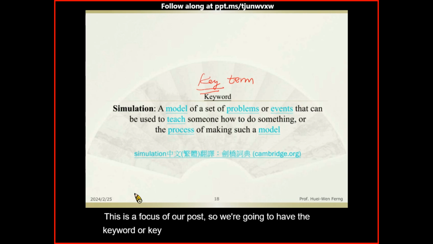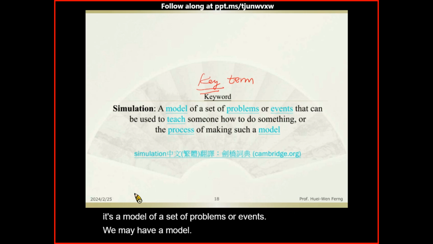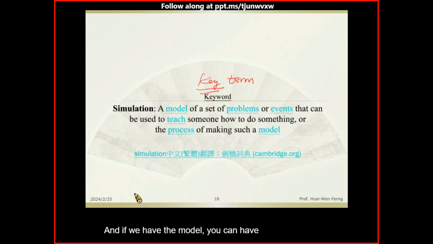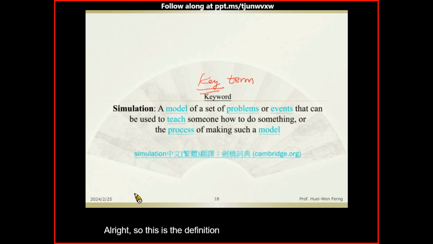Simulation. You should understand it's a model of a set of problems or events. Well, we may have a model, and if we have the model, you can study it, like a vehicle. We can use it to teach someone how it works. Alright, so this is the definition by a dictionary, and actually our simulation is similar to this definition.